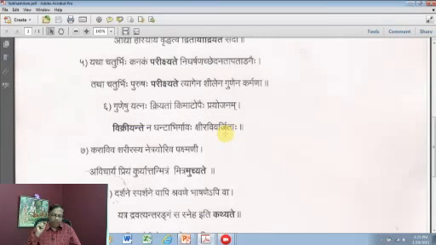For example, Guneshu yatnah kriyatam, try to make an effort to acquire good qualities, merits. Guneshu, towards the acquisition of guna, quality, yatnah prayatnah kriyatam, let there be an effort made towards acquiring good qualities.